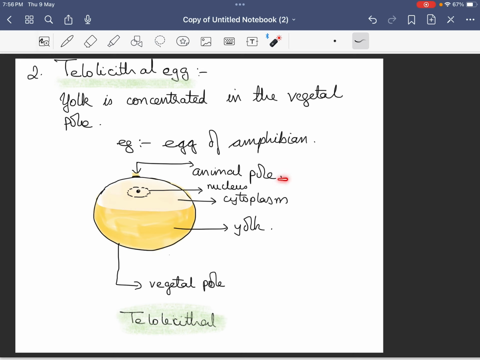Remember, we mentioned two pole regions, right? Animal pole and vegetal pole, which is a general feature of an egg. The region near the nucleus, you call it the animal pole. Away from that nucleus region, vegetal pole. So if the yolk is distributed and concentrated in the vegetal pole, you call such an egg telolecithal. So telolecithal you can see where? Yes, as we saw, it can be seen in the eggs of amphibians.